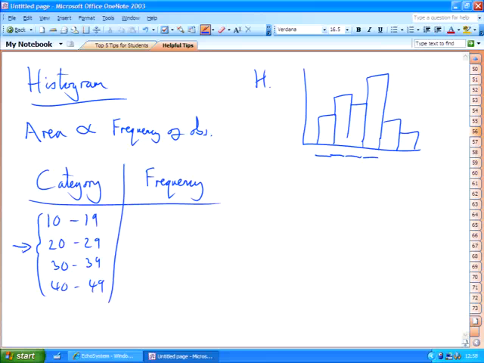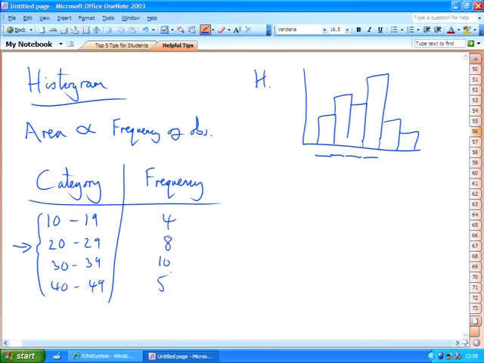Okay, because the partitions are possible values that the observations can take into categories such that any observation will be in one and only one particular category. So work through your data set and just count the number of observations within each category. So you might have, for example, 4 in the 10 to 19s, 8 in the 20 to 29s, 10 in the 30 to 39s, and let's say 5 in the 40 to 49s, or something like that.